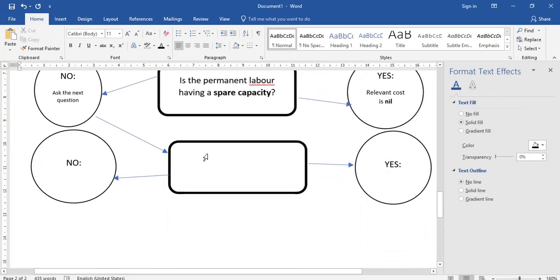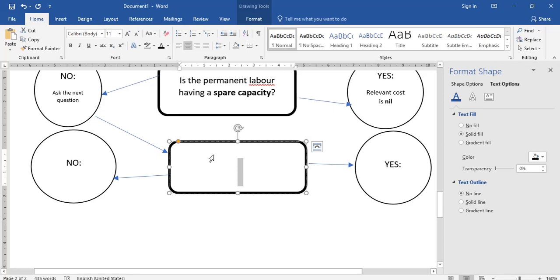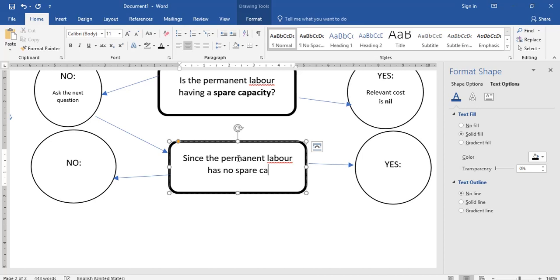The next question is, since the permanent labor has no spare capacity, is overtime possible?